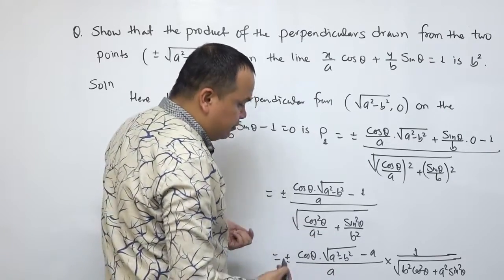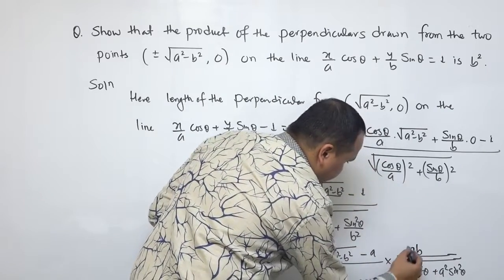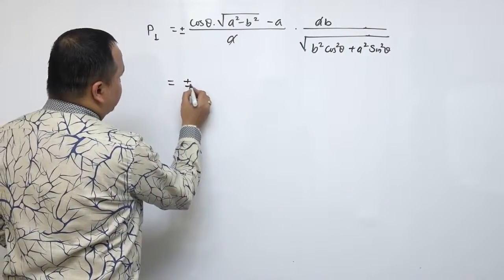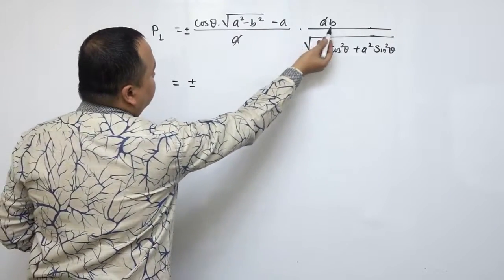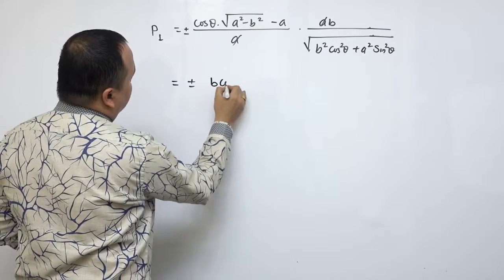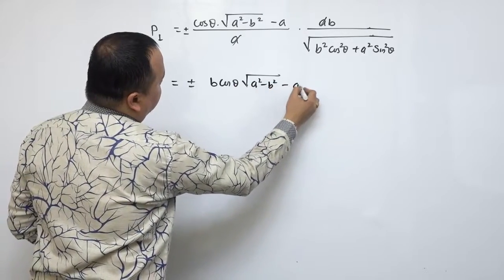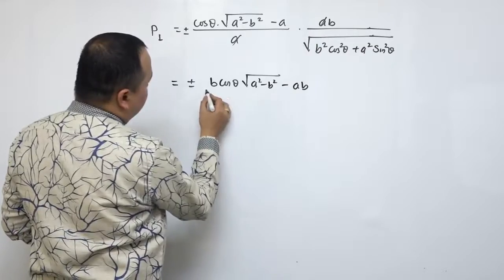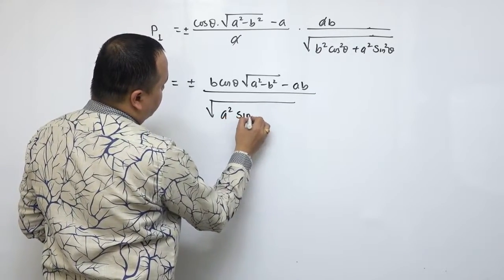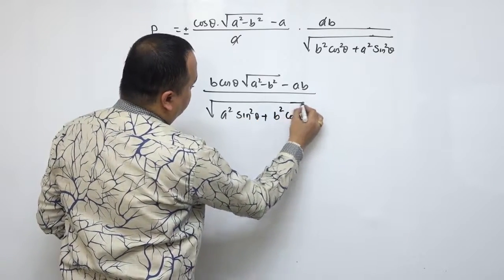The AB came out of the root, I wrote it on top. AB. A cancels. This is plus minus B into A B cos theta root over A square minus B square minus AB, A into B upon root over A square sin square theta plus B square cos square theta.